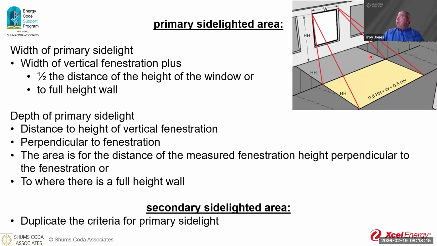So our depth on this is measured from that perpendicular fenestration and comes out. We duplicate this all for the secondary side lighted area. 0.5 plus the height plus the width plus 0.5 of the height of the wall gives us our area here.